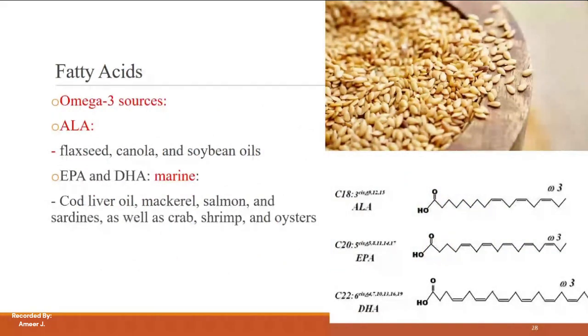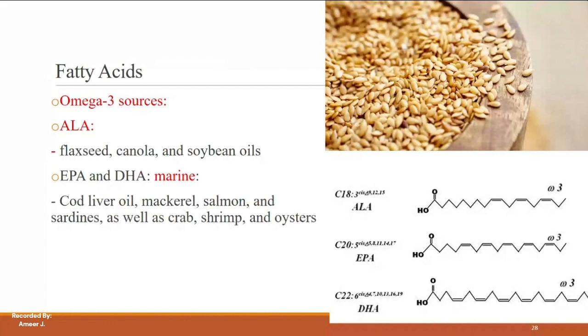The sources of omega-3, for example alpha-linolenic acid, are flaxseed, canola, and soybean oil, and for EPA and DHA you can see marine sources: cod liver oil, mackerel, salmon, and sardines, as well as crab, shrimp, and oysters.